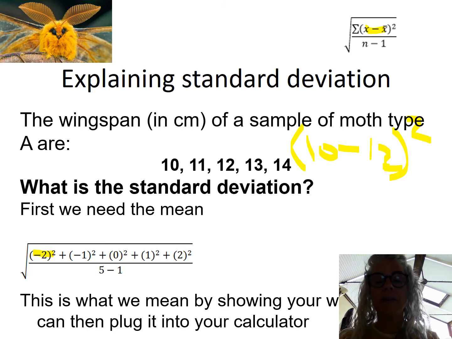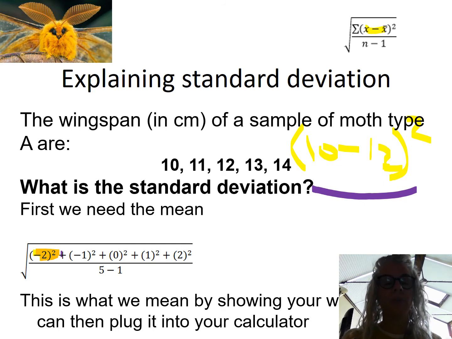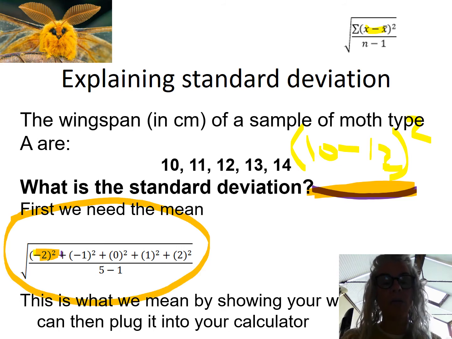So this would be the same as that. Okay? So I've just done it kind of longhand, they've done it slightly shorthand. I would just stick to this way. So write that up. So this is what we mean by showing your workings. Okay? But then you just plug all of that into your calculator. Just stick it all into your calculator, and what you should get is something like that.